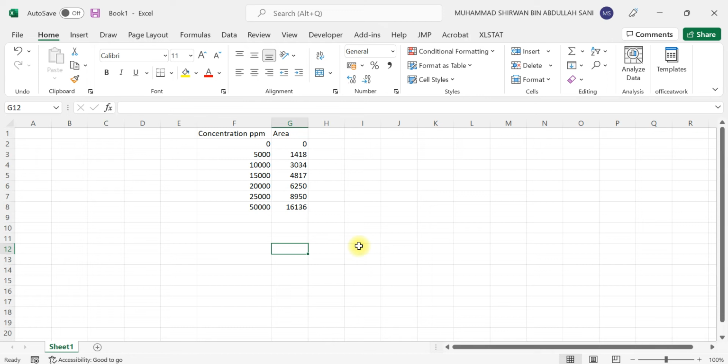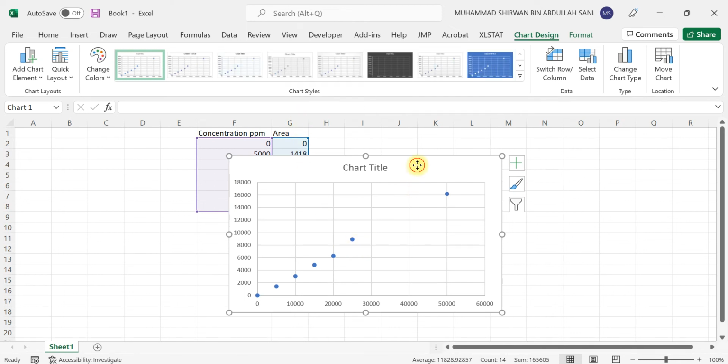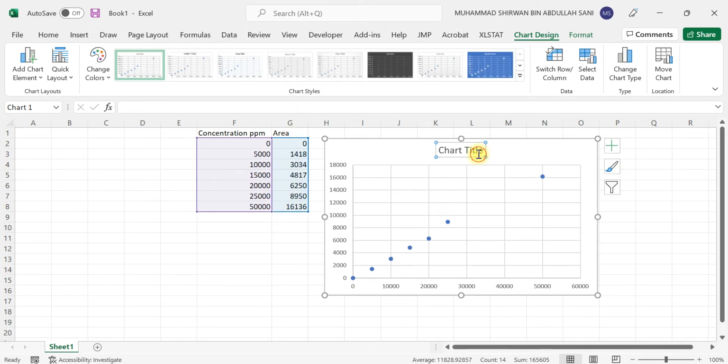Okay, so from here, for the manual establishment of the calibration curve, you can draw the scatter plot. You will see here we have the scatter plot, and this is the chart title: hexanoic acid calibration curve.